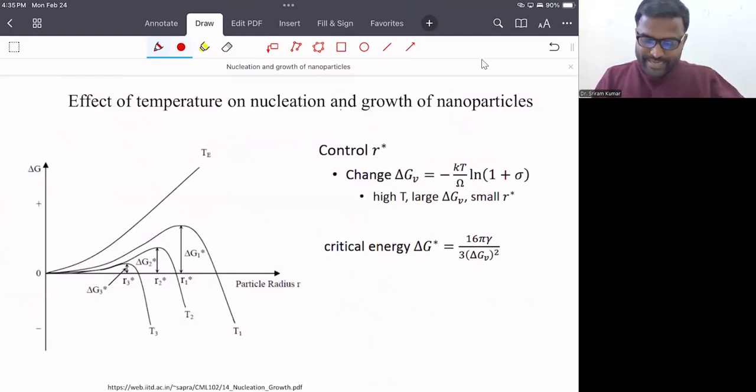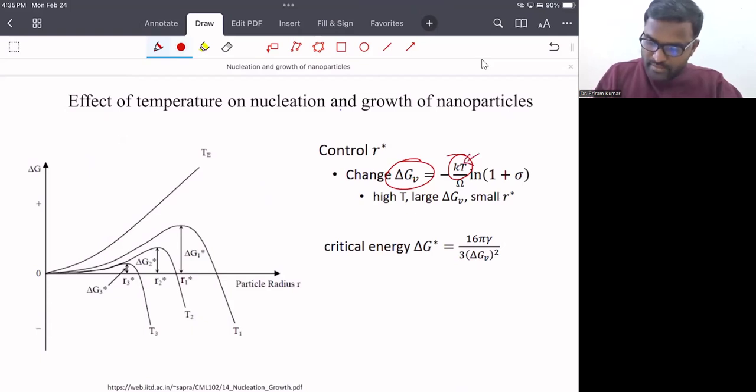If you want to understand the effect of temperature, here we have the surface energy. Here is the delta GV, and delta GV depends on kT, and we have the temperature here.